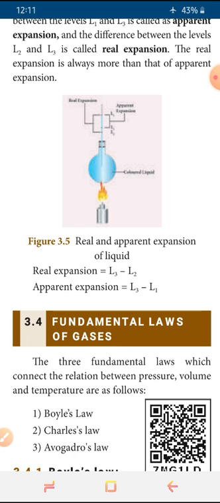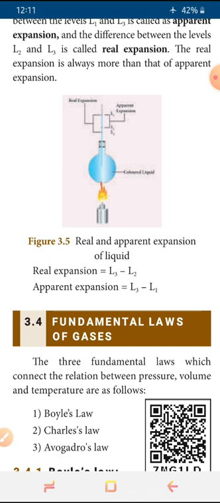And what do we do in the next step? We are heating this container. Just imagine the initial level of the liquid in that narrow tube is taken as L1. And what about the new level now after heating? Will it rise or go down? It goes down.